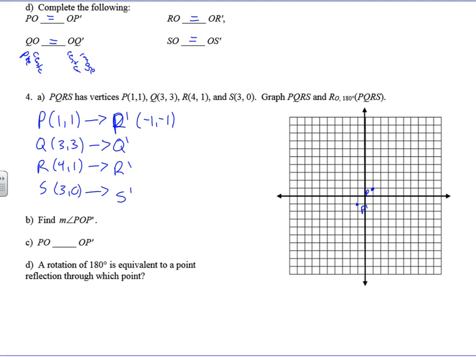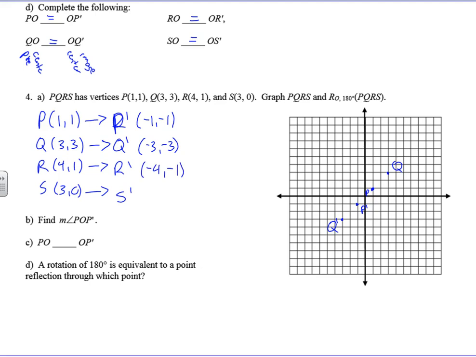So Q, which is 3, 3, Q prime, let's turn the paper two times to the left, and you're going to get negative 3, negative 3, which would be down here. Look at that. That's actually a 180-degree angle. There's a straight line through the origin that connects those points. How about 4, 1? Well, that's going to be negative 4, negative 1.